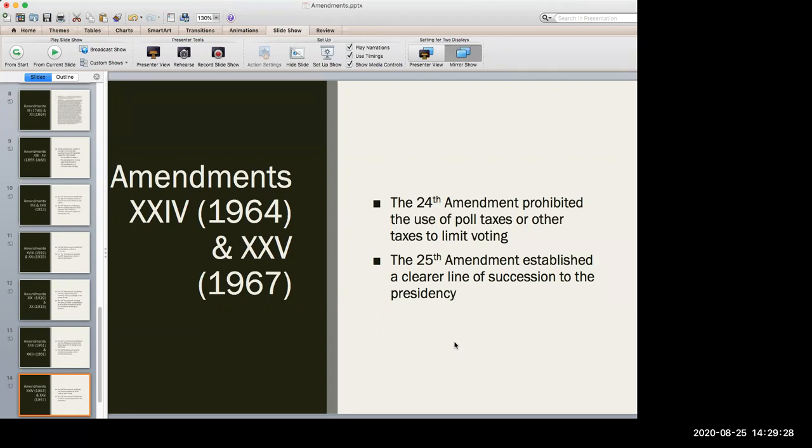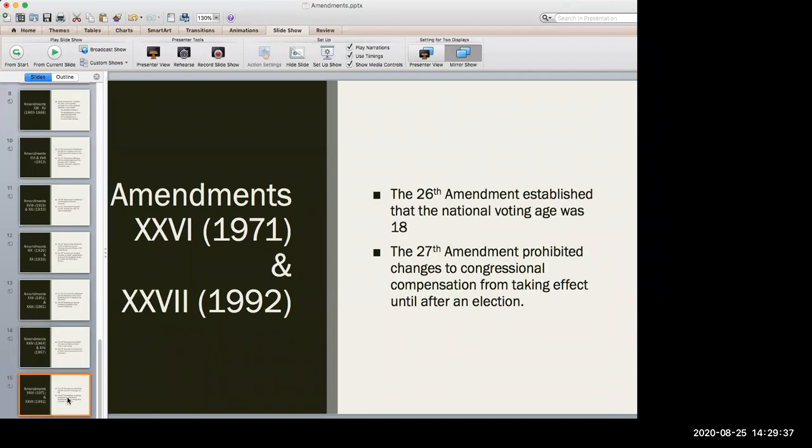So I'm making notes about which amendments relate to different topics and themes. All right, and we're getting close to the end of the amendments, right? There are only 27, or 25 if you buy my argument. The 26th Amendment was passed in 1971, and it lowered the voting age to 18.